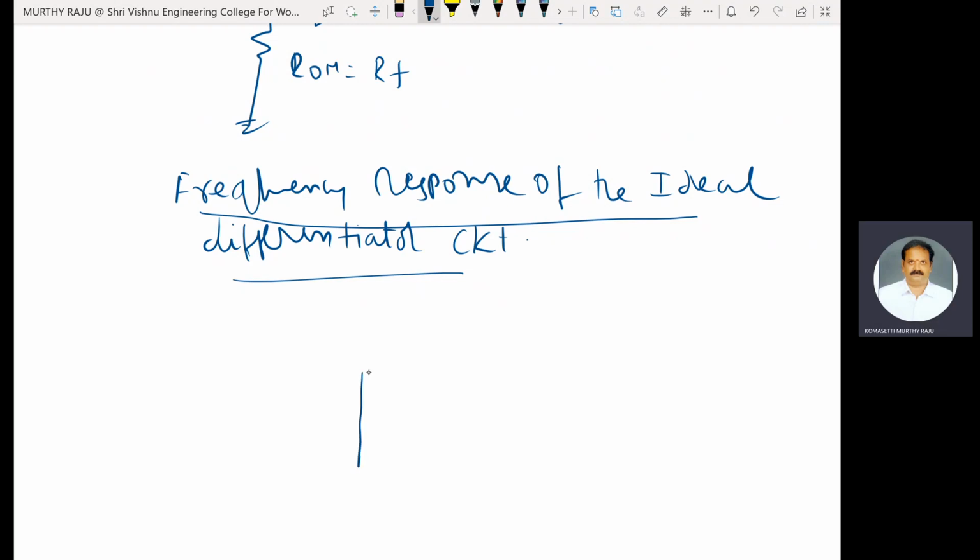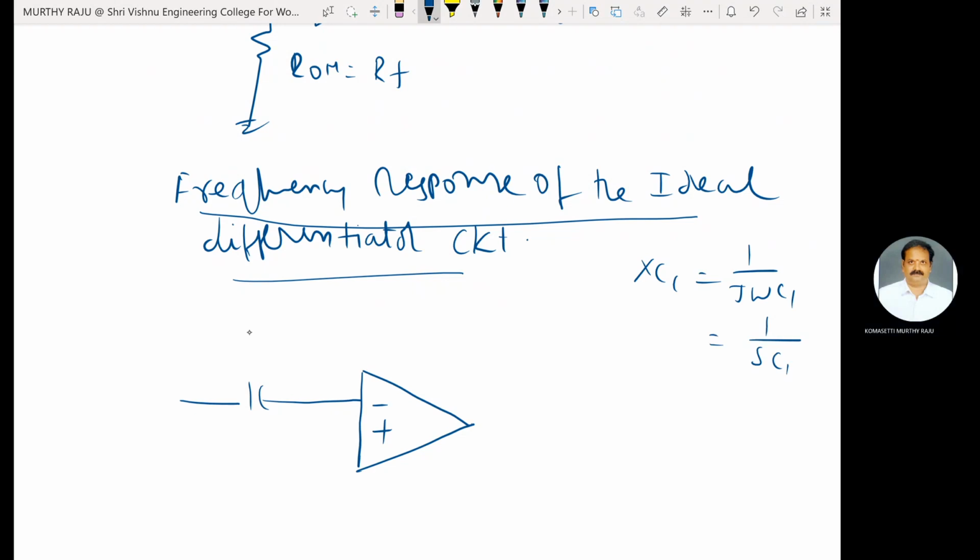This is the circuit diagram in S domain form. Generally, we use a capacitor here. Capacitor value is C1. XC1 is equal to 1 by j omega C1, that is 1 by S C1.